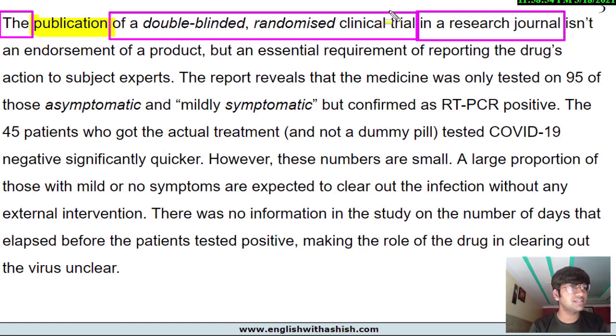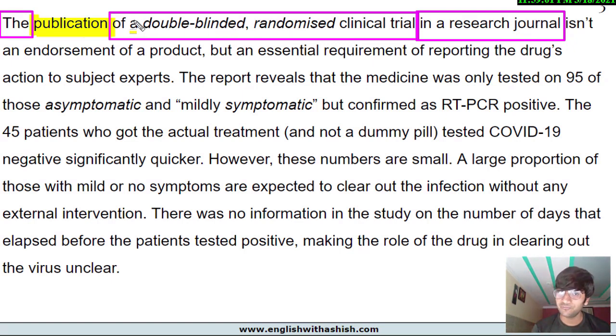A double-blinded trial is a trial where both parties, both the doctors and the patients, do not know who is involved in the trial. They are blind. Such a trial is called a double-blinded trial. Randomized means done in a random way, without any previous information about it.